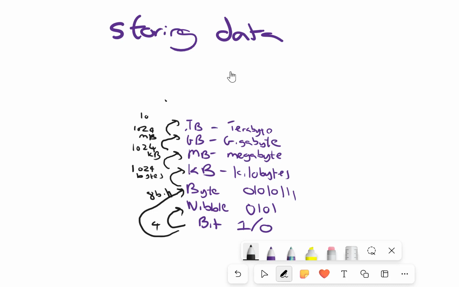It's 1024 GB. We then have, yes, we're going even higher, PB, which stands for petabyte. That is 1024 terabytes.